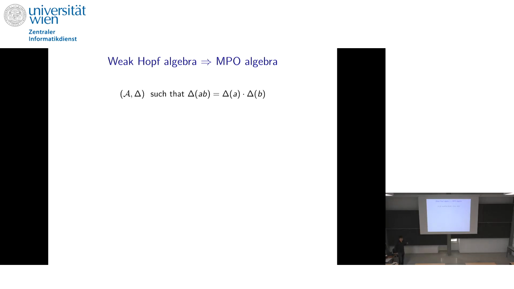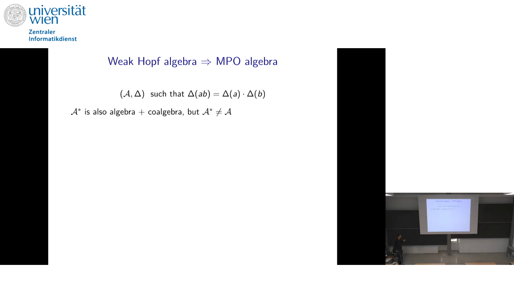Here is one more property of the coproduct that I haven't told you yet: in a Hopf algebra, the coproduct is multiplicative. When you take the coproduct of two elements, it's the same as taking the coproduct of the elements individually and then taking their product.